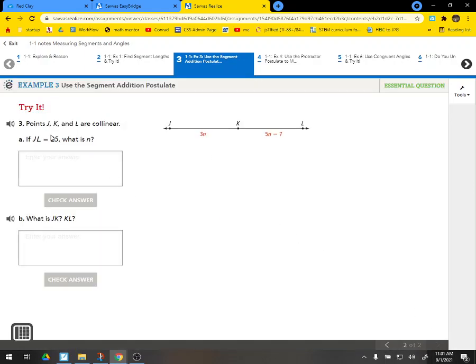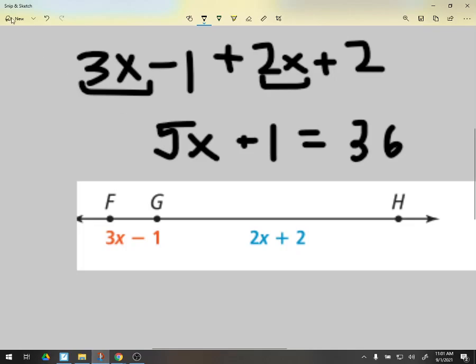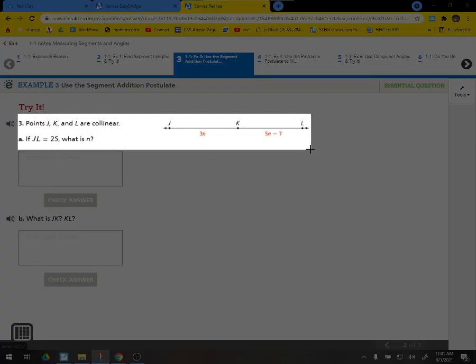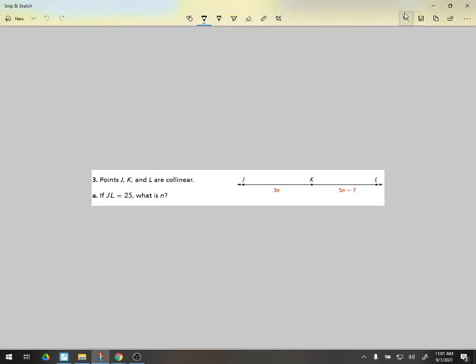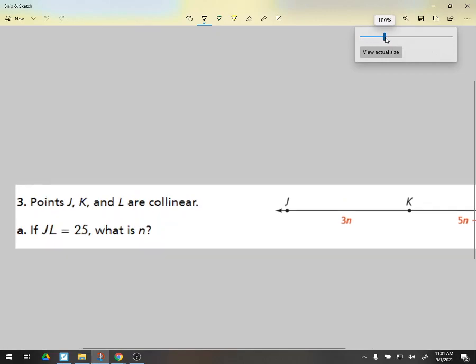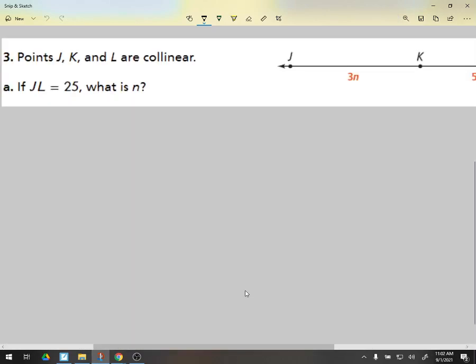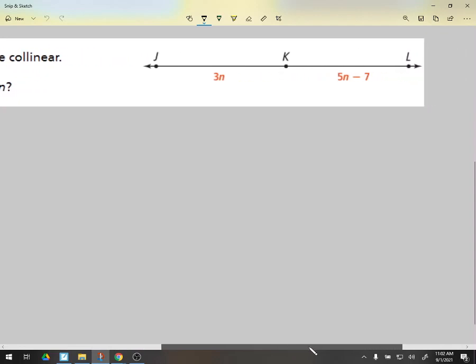Okay. It says points J, K, and L are collinear. All right. Let's try this one out. So I think this might be where your numbers are different than mine. If we had the exact same numbers, that's great. So it tells me JL is 25.